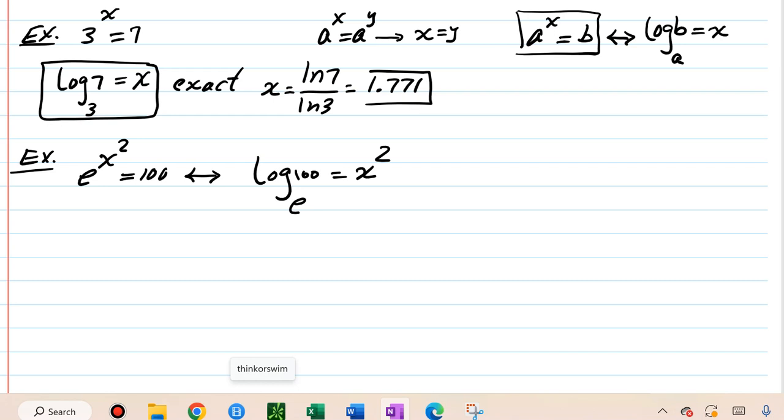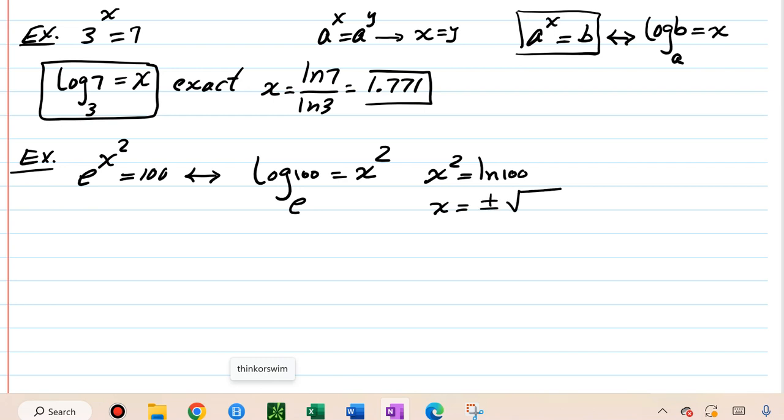Almost solved, isn't it? Because I have log base e, remember in the previous section that we calculated these logarithms, we can write log base e as a natural log. So that's simply the natural log of 100. To solve for x, we take the square root of both sides. We're using the square root principle.